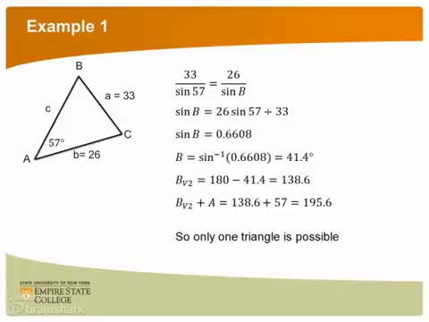Because this amount is more than the possible degree total for the angles of a triangle, we know that there is only one triangle possible. We would then use the same methods as before to find the final missing angle and length to finish solving the triangle. Let's look at another example.